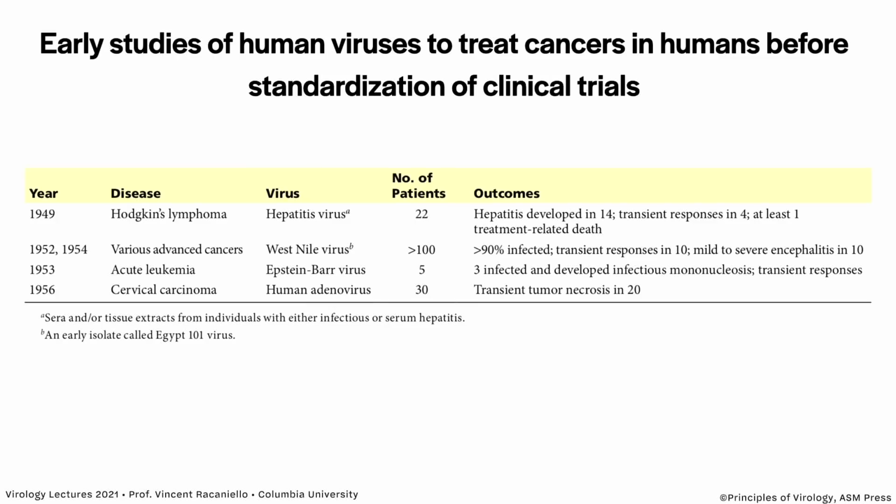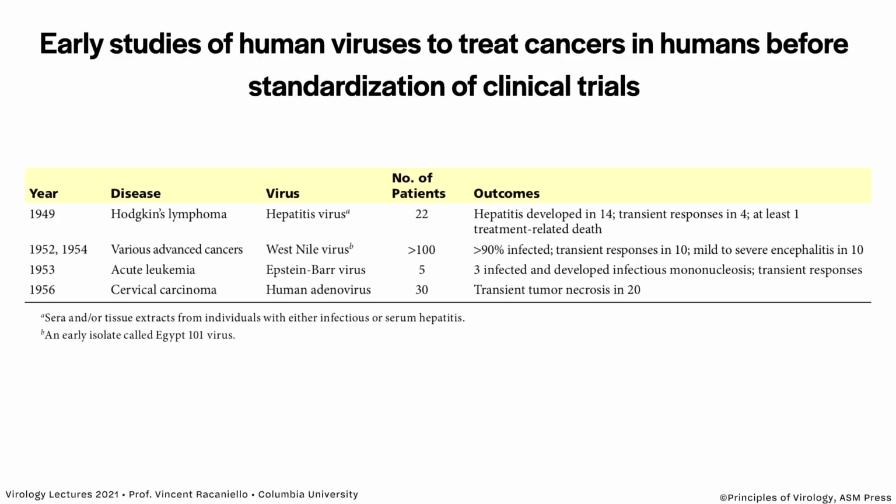In the mid-20th century, a number of viruses that infect humans were given to cancer patients to assess therapeutic potential. None of these trials would now be considered capable of yielding useful information. No controls, and within a single investigation, the source of the virus and the route of administration could actually vary from patient to patient.